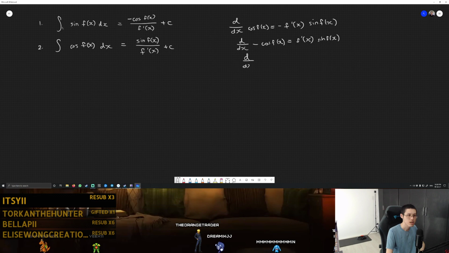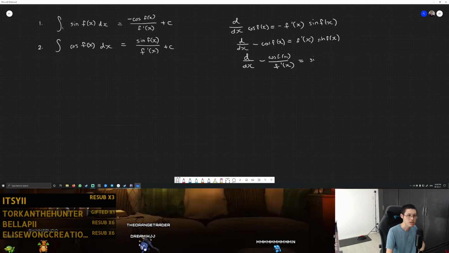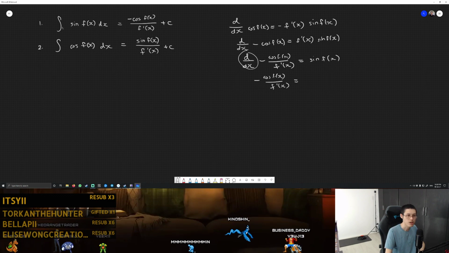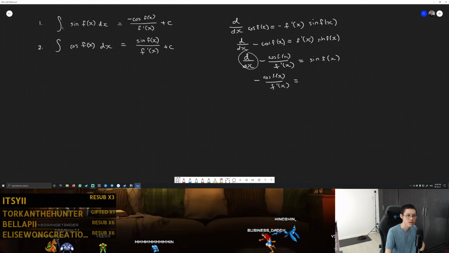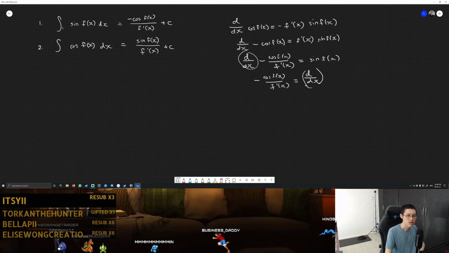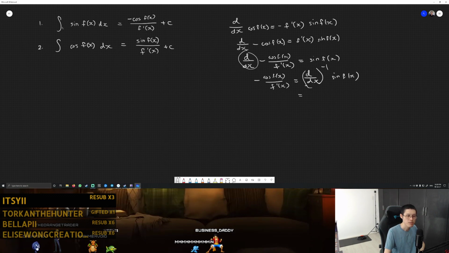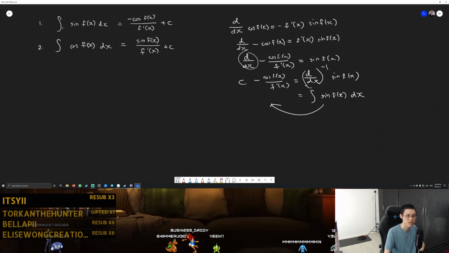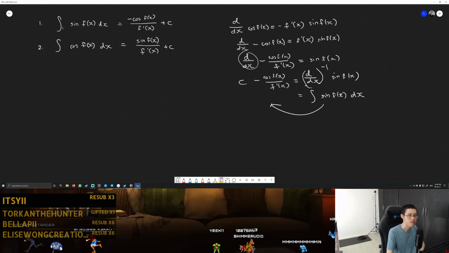If I differentiate negative cos f(x) divided by f prime x, I just get sine f(x). Moving the d/dx over, this is the inverse of the derivative, which is written as the integral. So this gives you this, with a c. That's how you derive it in the first place.